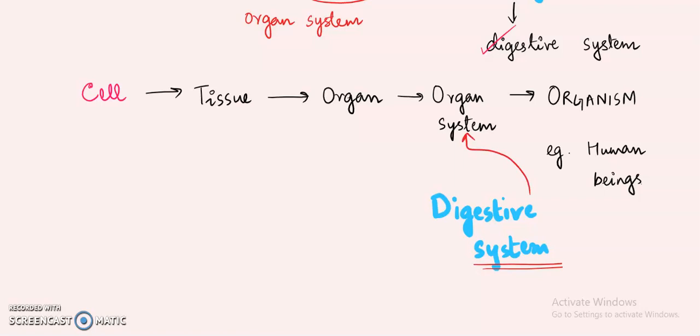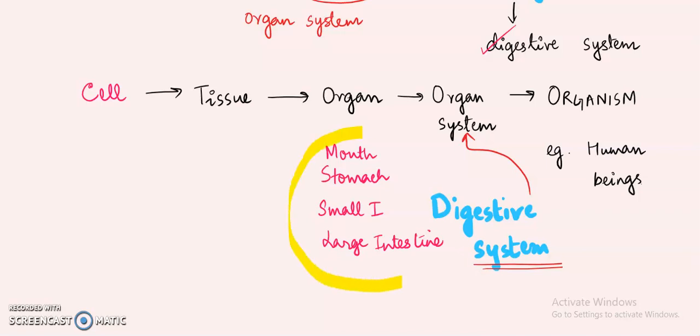Now the digestive system would be made up of a combination of organs, and this includes our stomach, even mouth, small intestine, large intestine. So small intestine, large intestine, they are all examples of organs, right? And these organs collectively assemble together, and what are they forming? They are forming the digestive system, right?